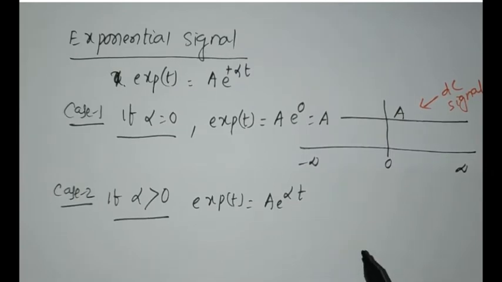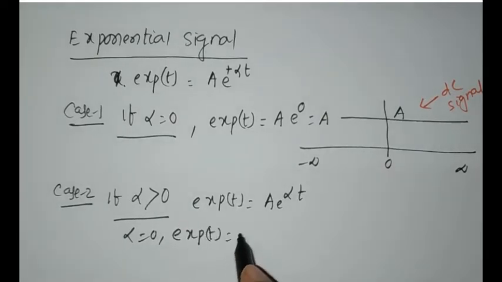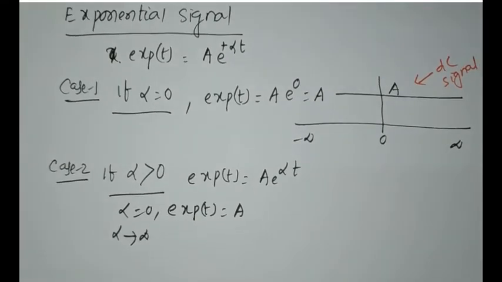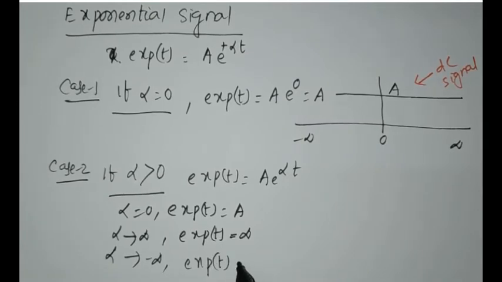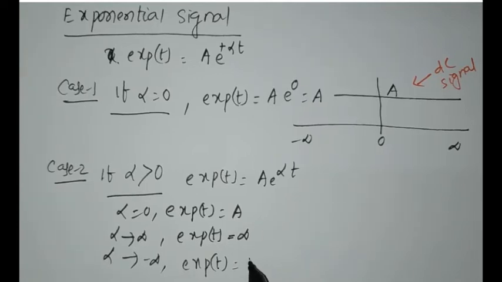Now when alpha tends to infinity, exp t also equals infinity, and when alpha tends to minus infinity, then exp t equals 0.